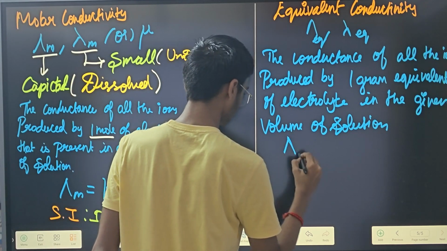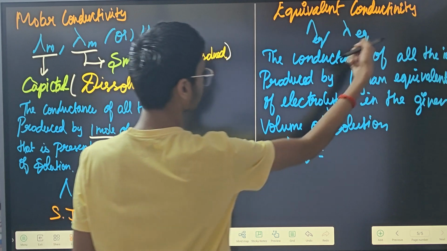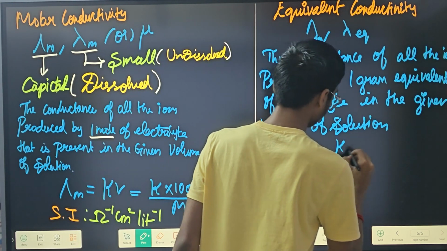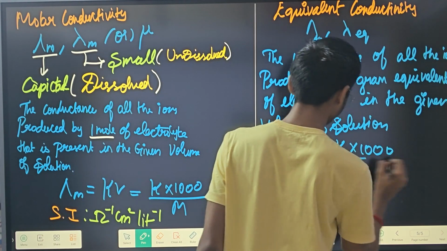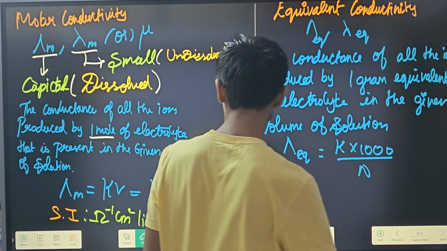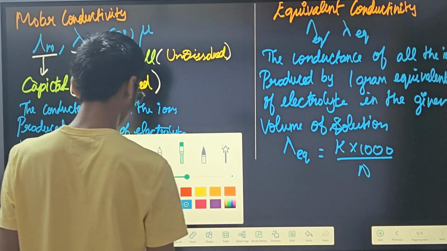Lambda EQ is equal to K into 1000 whole divided by normality. So these are their formulas.